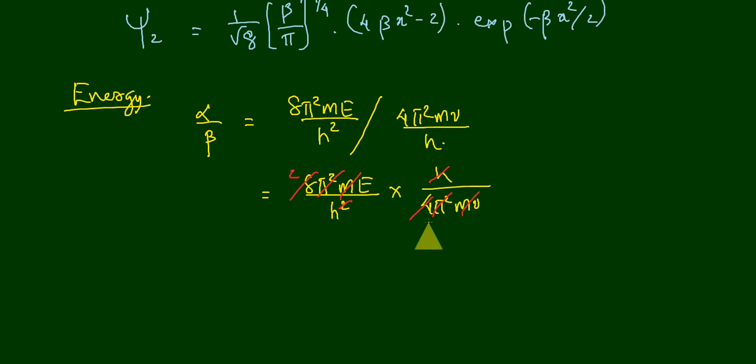Okay, so what is remaining after that? Remaining is 2E divided by h nu. So alpha by beta is equal to 2E divided by h nu.